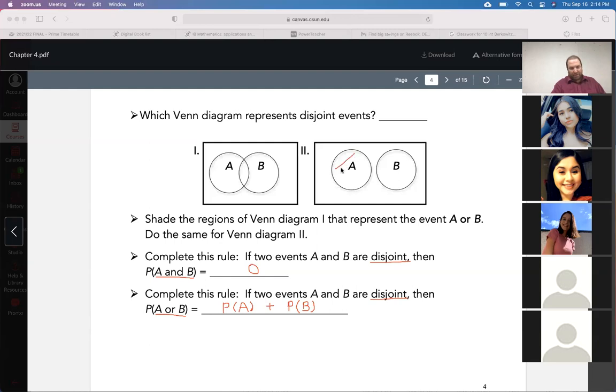The number of ways of getting A plus the number of ways of getting B gives the total number of ways of getting A or B. So the likelihood of A plus the likelihood of B is the likelihood of A or B. But this formula is only valid when they have nothing in common. As we're going to see very shortly, it does not hold otherwise. Does that make sense? Yes, no, maybe so? Yes. Okay.